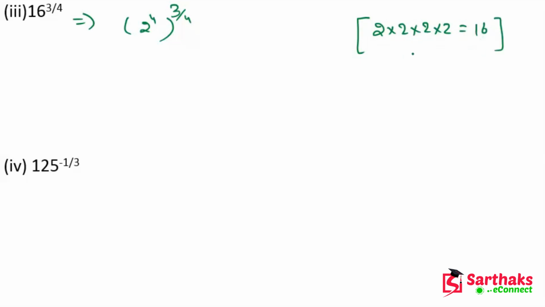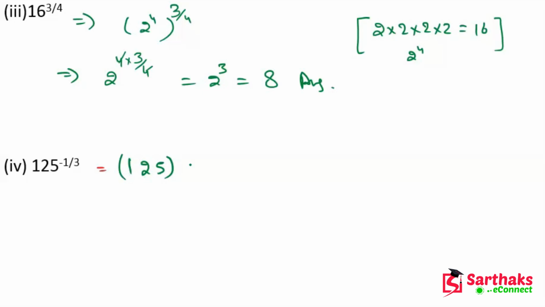Now we have to multiply the power. So we get 2 raised to power 4 into 3 upon 4. So this 4 and this 4 will be cancelled. So we get 2 raised to power 3, which is equals to 8.